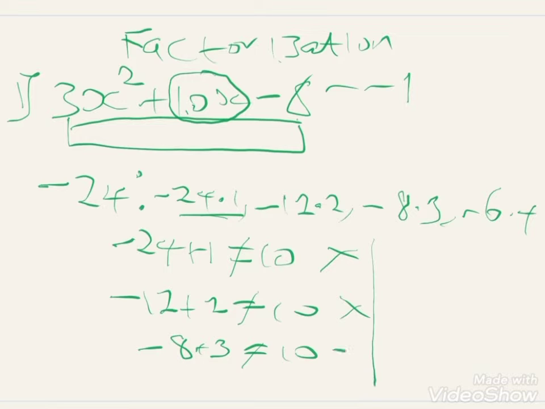We reject. The final pair, minus 6 plus 4, is also not equal to plus 10. So, going this way, we reject all the factors. Now, let us clean to do it another way.